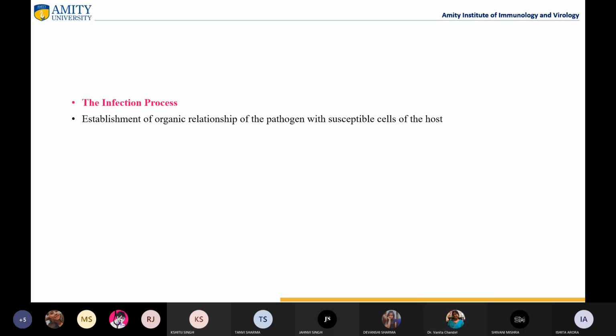Then we also discussed inoculation and inoculation potential, what the incubation period is, and in detail we discussed penetration. The penetration process is divided into three parts: pre-penetration, penetration, and post-penetration, and the different changes that take place during this process.